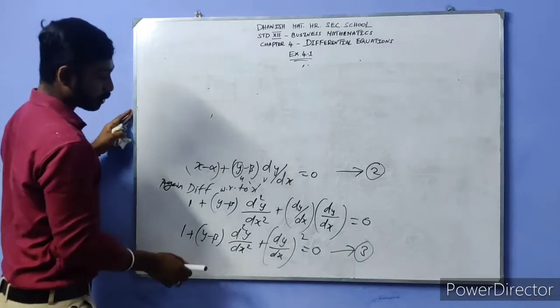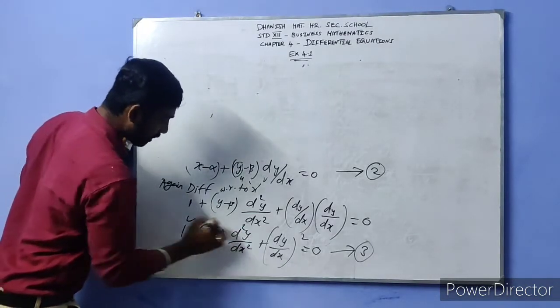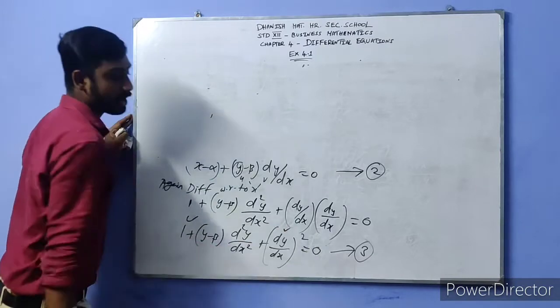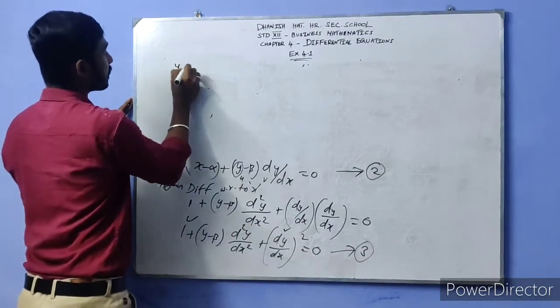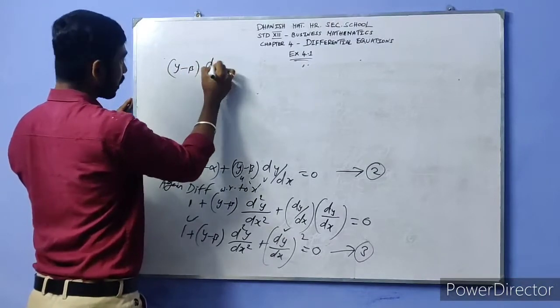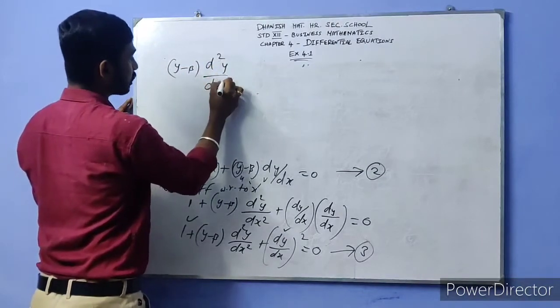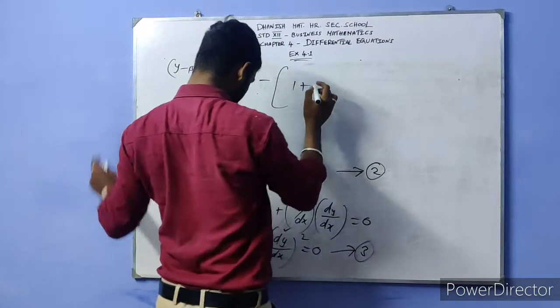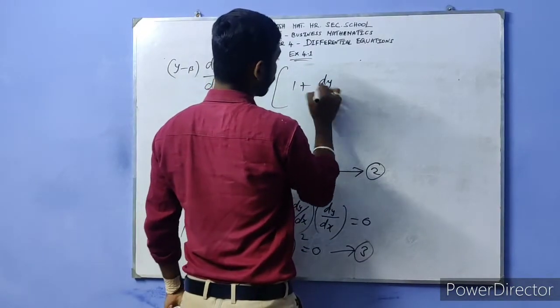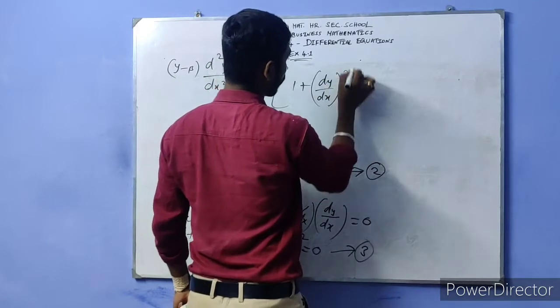Here we use this value: the 1 and the (dy by dx) the whole square go to the other side and change into minus. So (y minus beta) d square y divided by dx square equal to minus of 1 plus (dy divided by dx) the whole square.